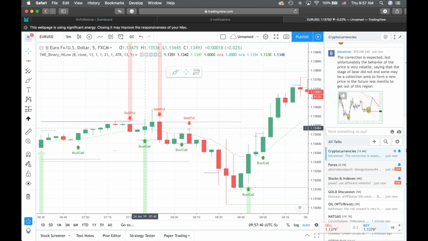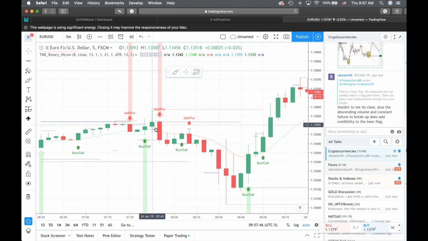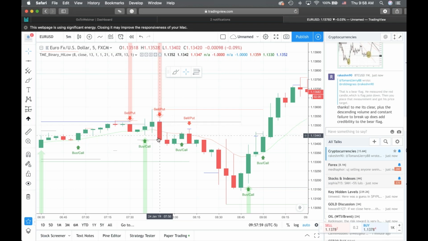Let's see what happened. We had the arrow candle, and we were looking for something here. Of course, this candle didn't get to that level down here, so this is a no-go for us. Let's look into the second one. The second one touched the level.